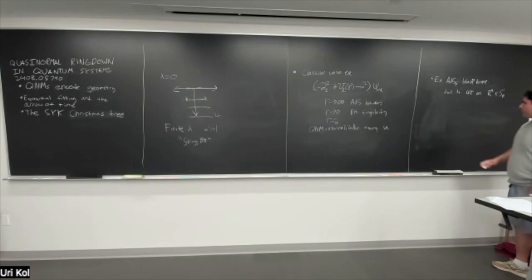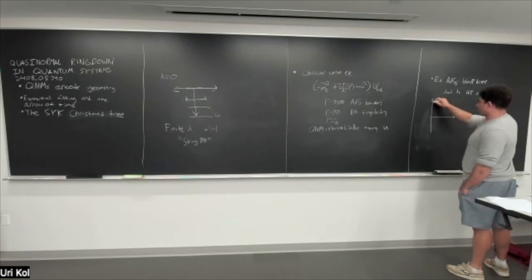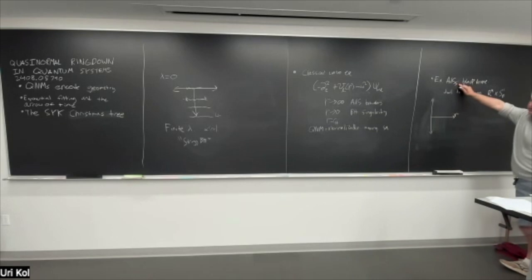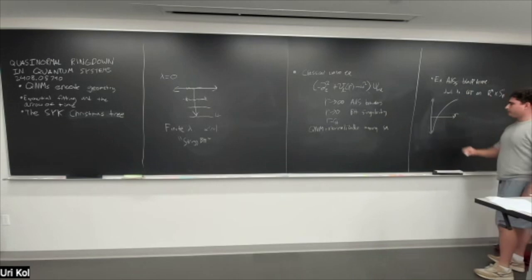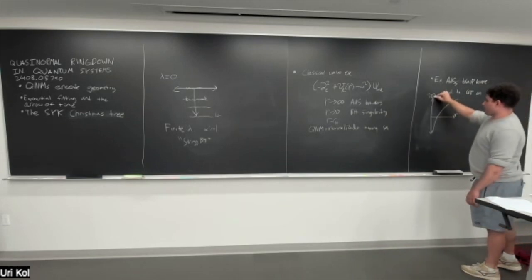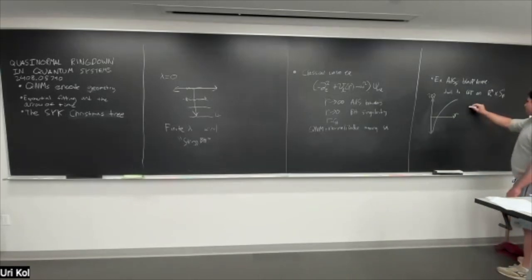Okay, so here's the potential. You have some metric, and now you compute the potential, and it looks like this. It's a monotonic potential in r, and it blows up at the singularity, and it blows up at the boundary. And for the quasi-normal modes, you find this picture, which I drew before.